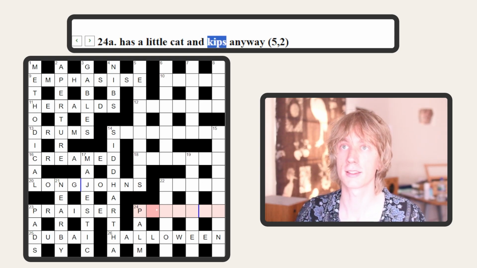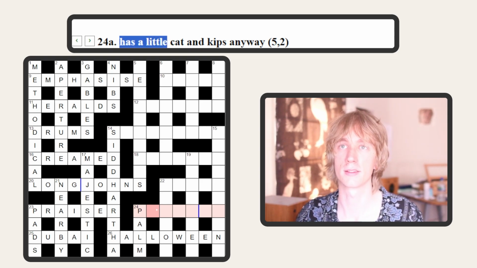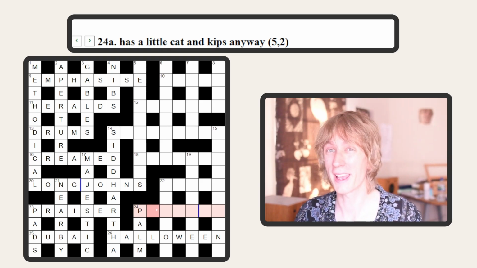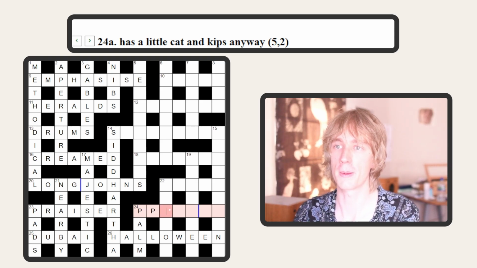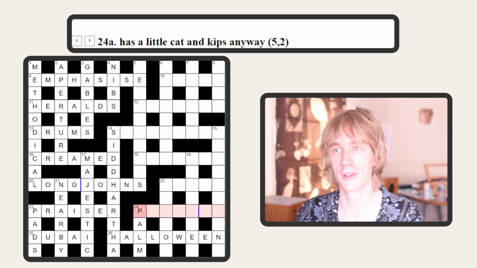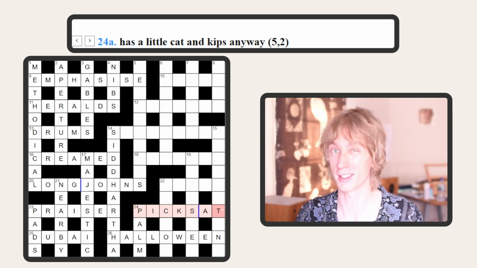So we take "cat and kips" and we anagram them, and that's going to give us a word meaning "has a little". Well, if you have a little, you pick at something, right? Have a little food, you pick at it. So "has a little" can be "picks at", and "picks at" is an anagram of "cat and kips".